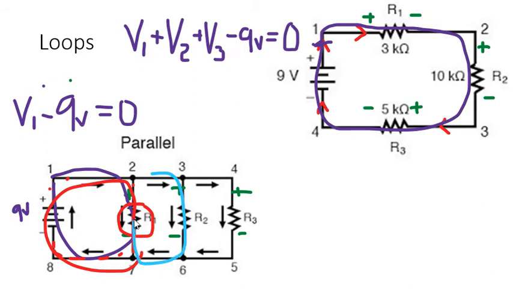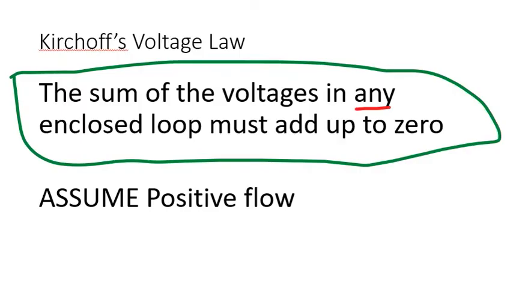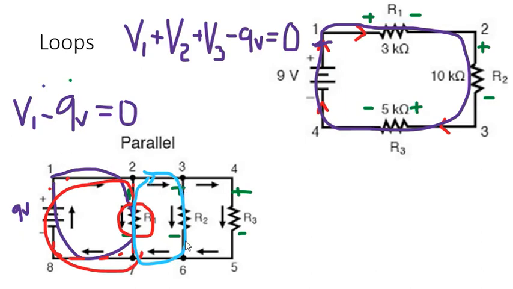Well, this is definitely not a path that a charge would take, right? But the law doesn't say that I have to use the battery, and it doesn't say I have to go in the direction of positive flow. It just says draw any loop, and the voltages have to add up to 0, right? The importance of positive flow is understanding where I put my positive negatives in. But once I put my positive negatives in, draw any loop I want.